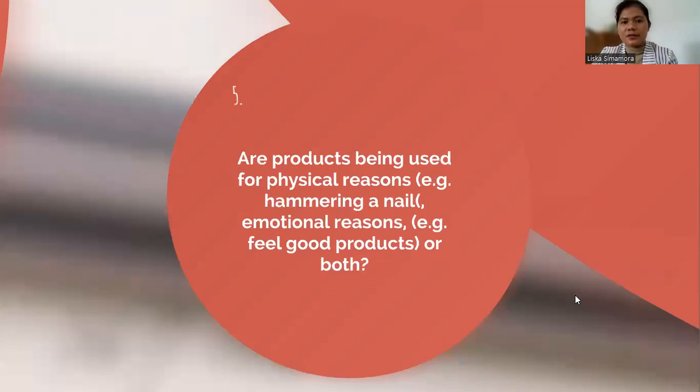And then the question number 5 is, are products being used for physical reasons? Okay. So this one is a further development for the tourism, for the agriculture, for the agrotourism itself.